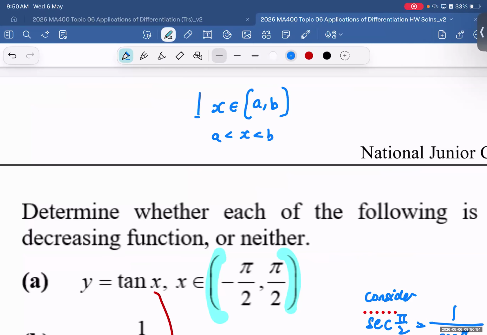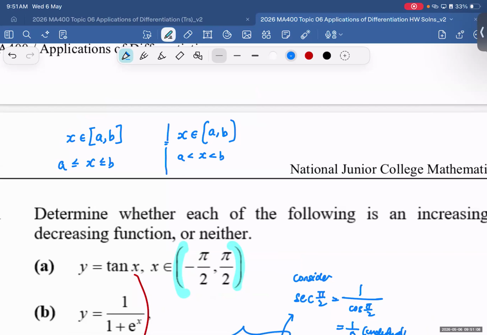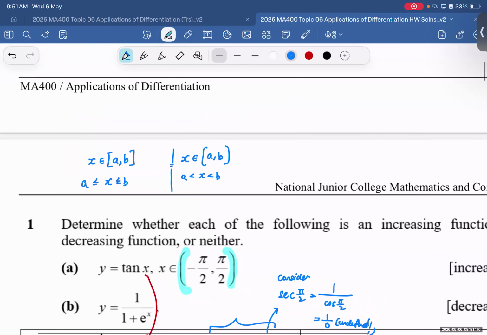I was very deliberate to mention. But if I give you a square bracket, what does a square bracket mean? Including. Square means include. So you just take note. Slowly this will all come out. In senior high, they will appear. Senior high notes are all like this. They are all in set notation. You see a lot of symbols.